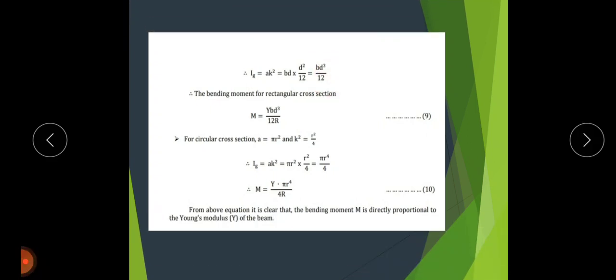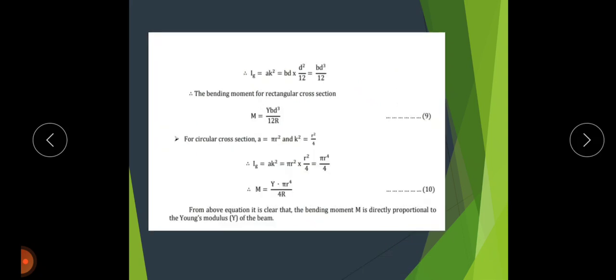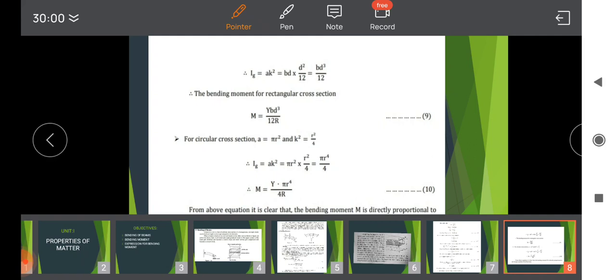The bending moment M is equal to y divided by r into Ig. So the bending moment for the rectangular cross section can be written as y into B into D cube divided by 12 r. This is taken as equation number 9.